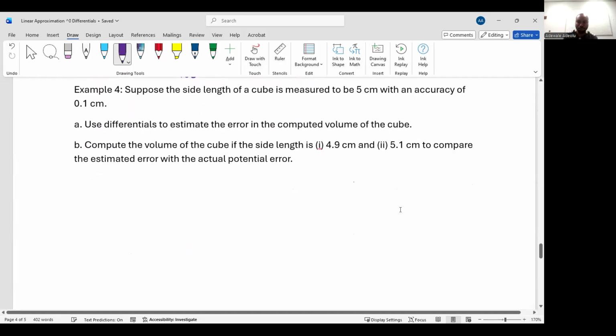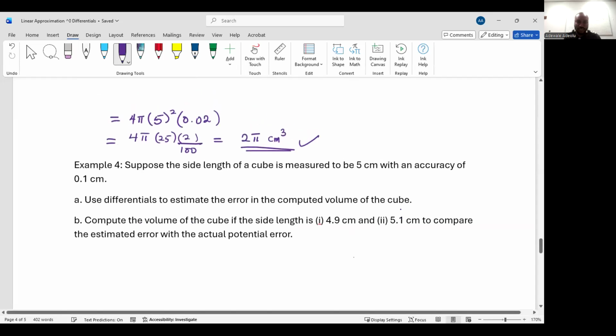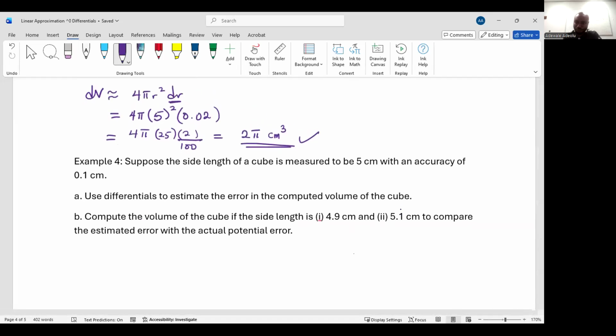And maybe lastly, let me solve this. Suppose the side length of a cube is measured to be 5 centimeter. A cube, you know what a cube is? Let me draw a cube this way. The side length is x, and the height is x.